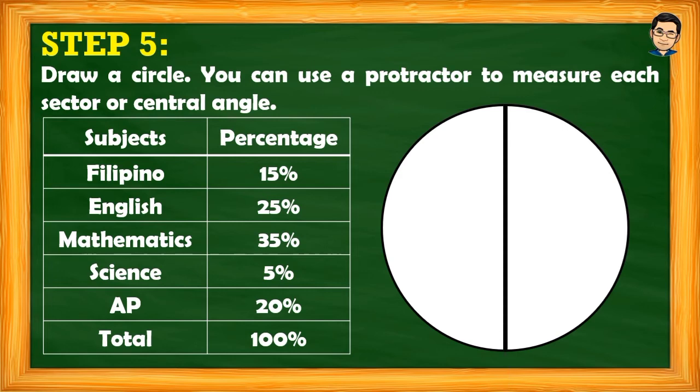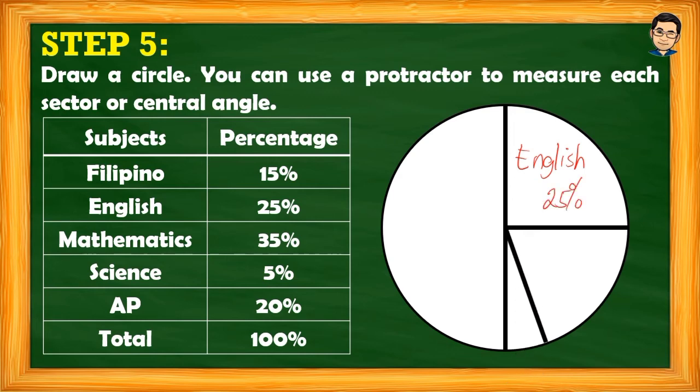So, ayan, hatiin muna natin sa gitna. And then, yung kalahati, hinati pa sa gitna. So, kung yung kalahati is 50% and then hinati yung 50%, ibig sabihin, yung hati na yun corresponds to 25%. So, dito po yung English, which is 25%.